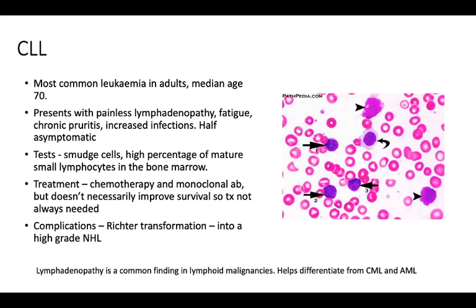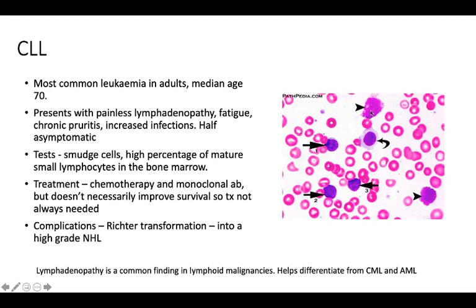If you look at the film, you don't really have large blasts, like large cells, as you would in a more acute leukemia. The cells are much smaller, but nevertheless, you can see that the neoplastic lymphocytes, these ones here and here, are a bit larger than the red blood cells, the normal cells.